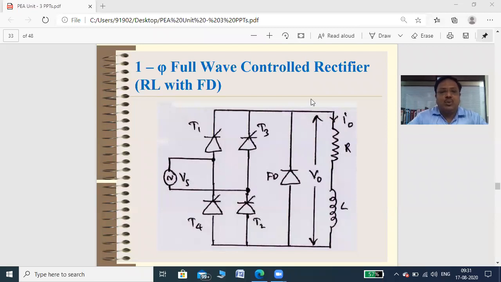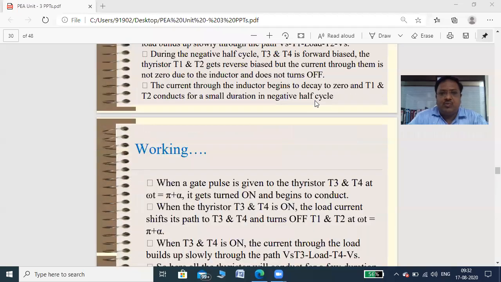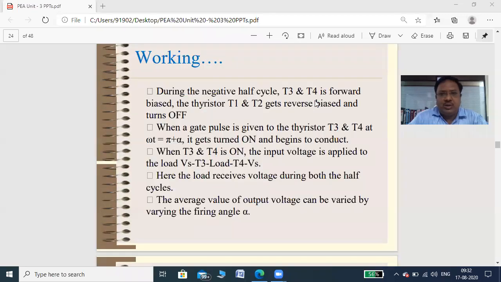Okay, so in the last lecture, we have seen the single phase full wave controlled rectifier, or we can say converter, for RL load with a freewheeling diode. Am I right? So this topic, I think we have already covered, but I just overlooked the syllabus which we have taken in the last week.